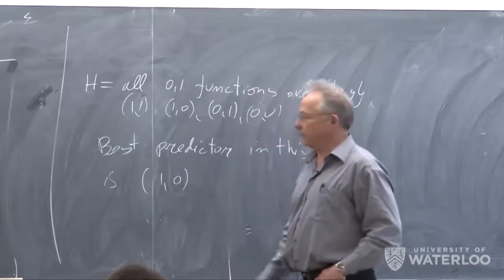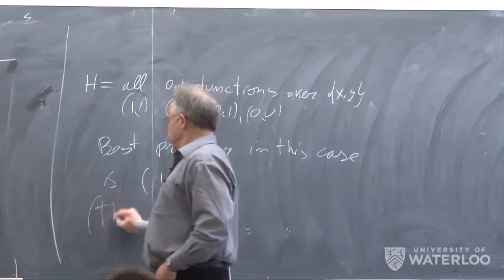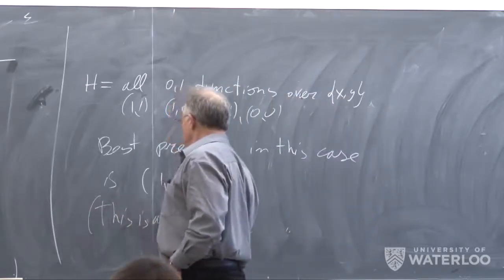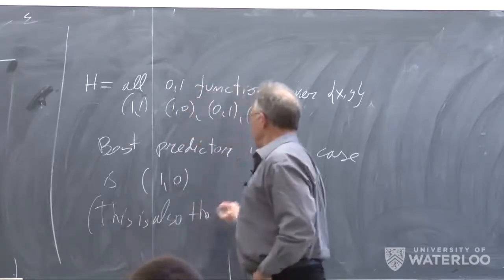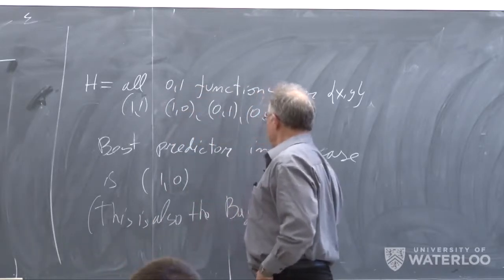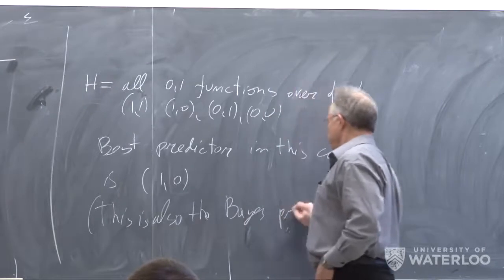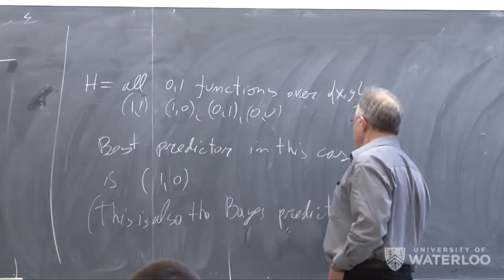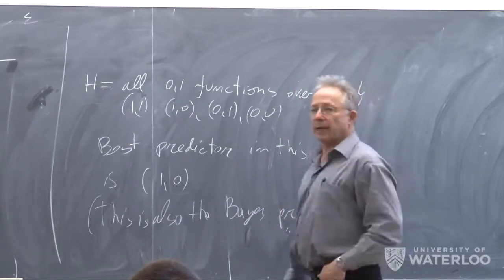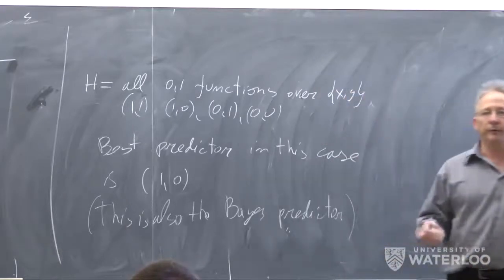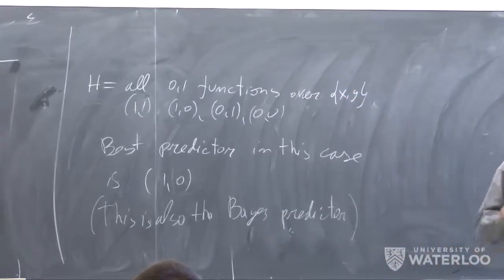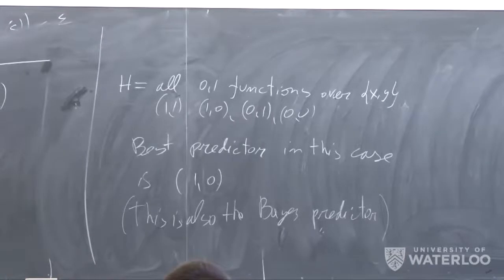And this is also the Bayes predictor. Remember, the Bayes predictor, the optimal predictor, is the one that for every point gambles on the label that has probability greater than a half.